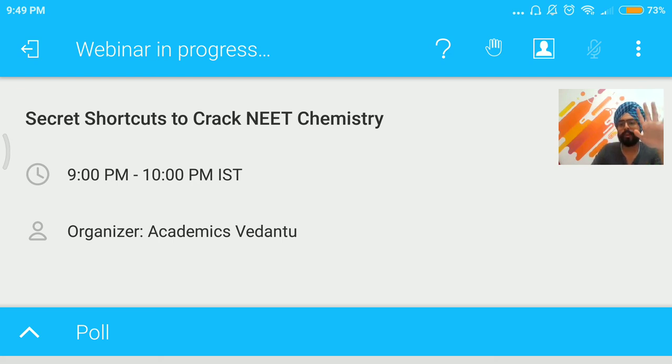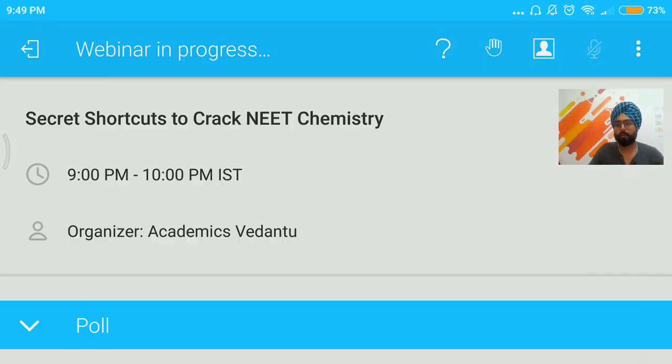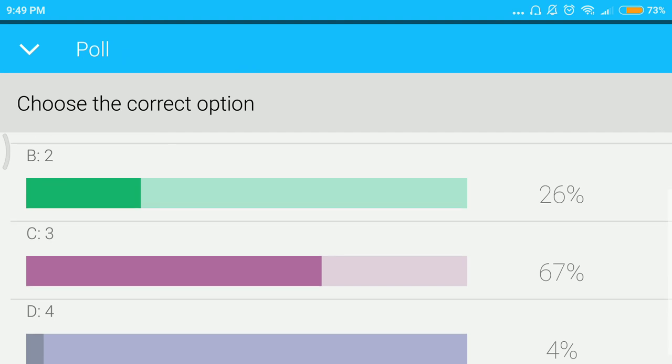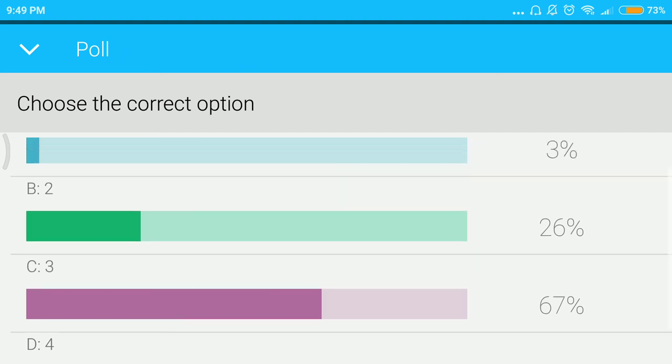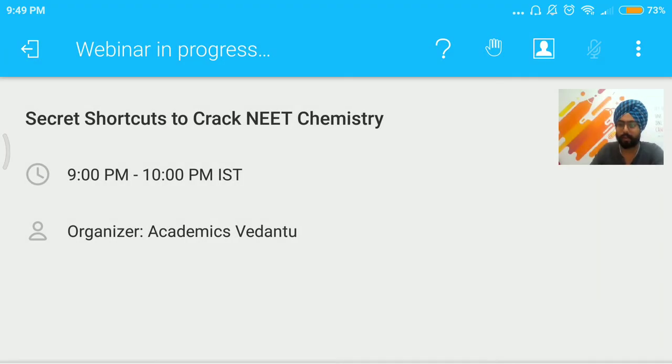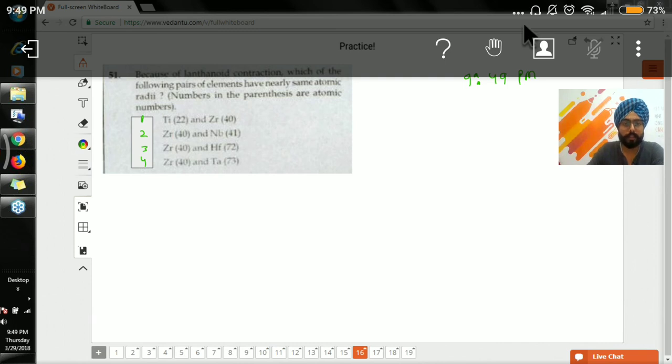So closing the poll in 5, 4, 3, 2, and 1. All right. ठीक है दोस्तों, I'll share the results of the poll with you. So as you can see, majority around 70% says C. Some of you say B, and rest are a little bit of percentage in A and D as well. ठीक है भाई, कोई बात नहीं, देखते हैं what is going on here.